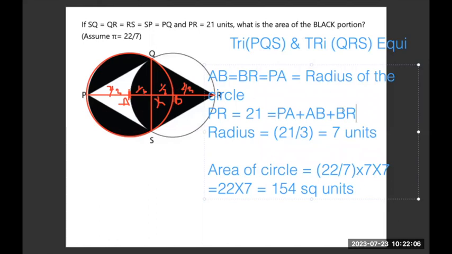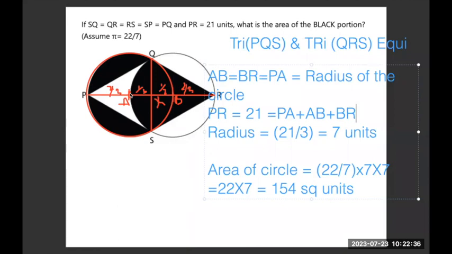वो सारे values आपके radius है because in an equilateral triangle, the centroid, the orthocenter, the circumcenter, even the inscribed circle, वो सब उसका center जो होता है वो सब coincide होते हैं. They are one only. In this case, the circumcenter is this, the orthocenter is also A, and the inscribed wala circle का center भी A ही होगा.